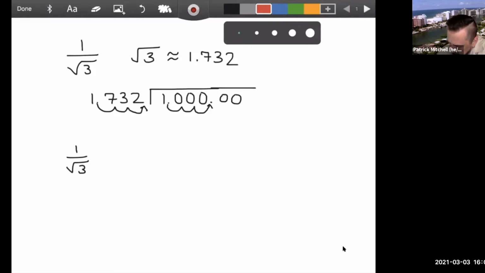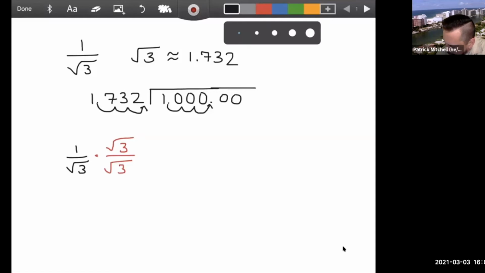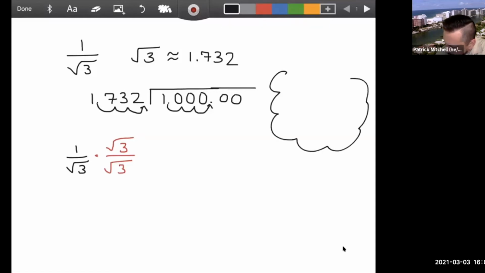In this case, you would just multiply the top and the bottom by the square root of 3. Because remember, in the last section, we talked about this shortcut that the square root of a times the square root of a is equal to a. So when you do square root of 3 times square root of 3, you just get 3.